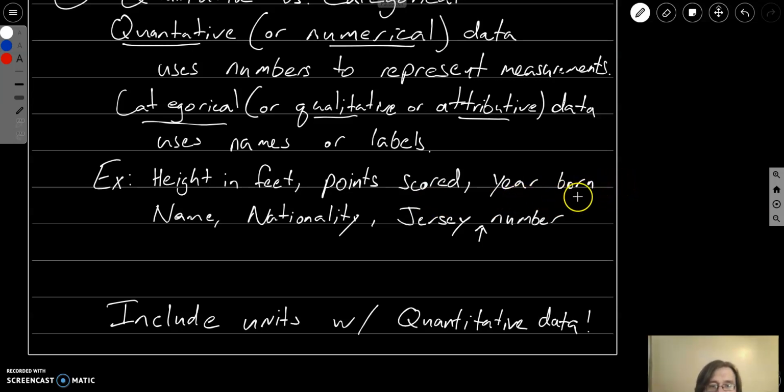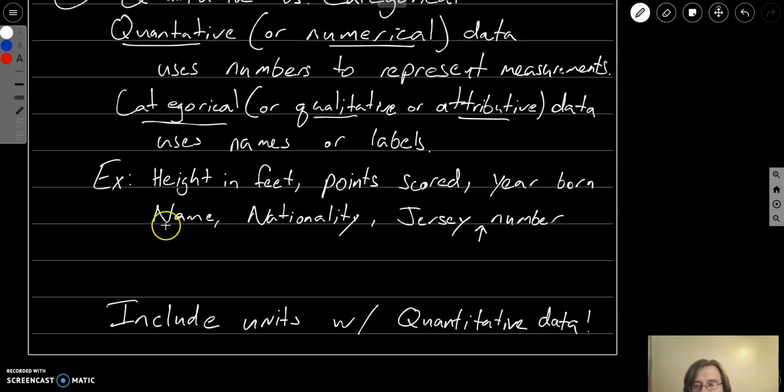And the year that someone was born is also going to be quantitative. We're just assigning each year a number, and this number means something. The year 2000 comes before the year 2001. So even though this doesn't describe specifically an amount of something, we are measuring the passage of time using numbers.